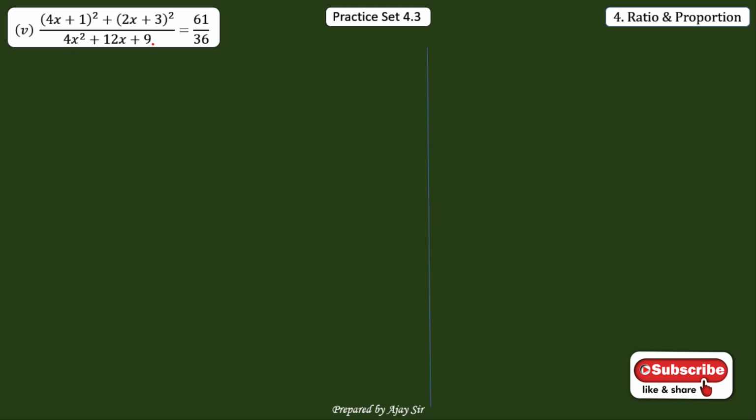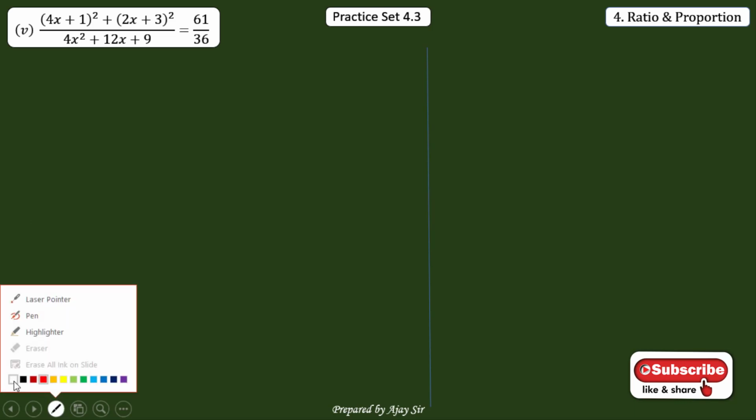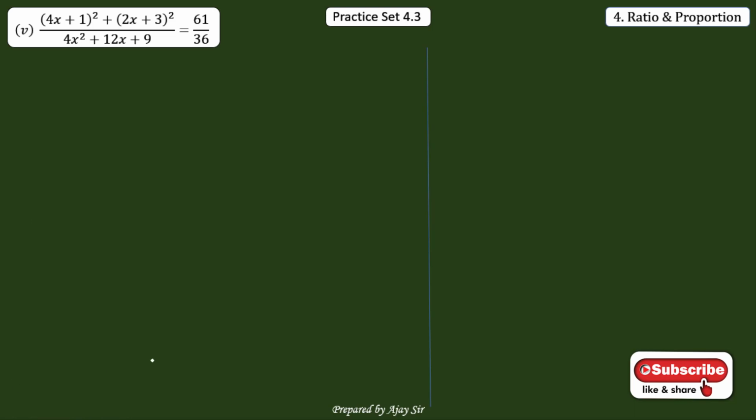By using the formula, a plus b bracket square is equal to a square plus twice ab plus b square, let us use this formula here and expand this.